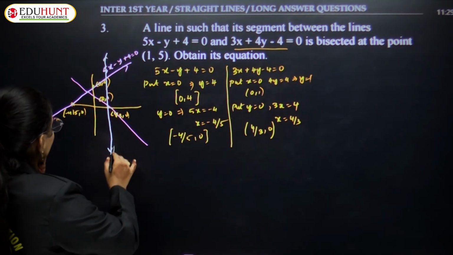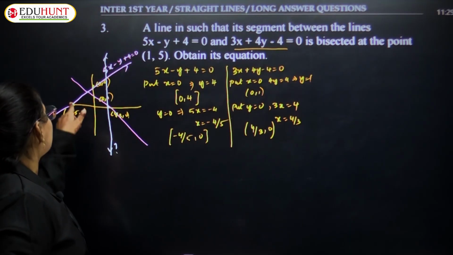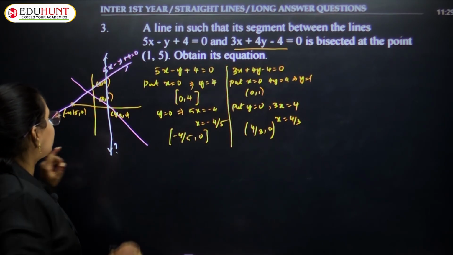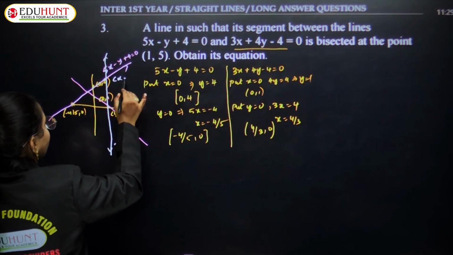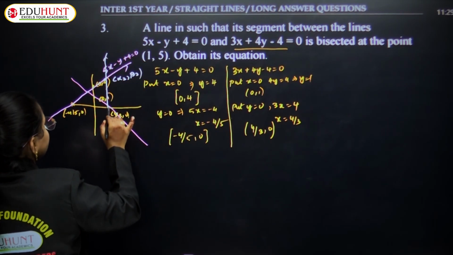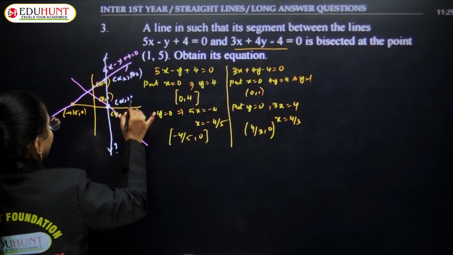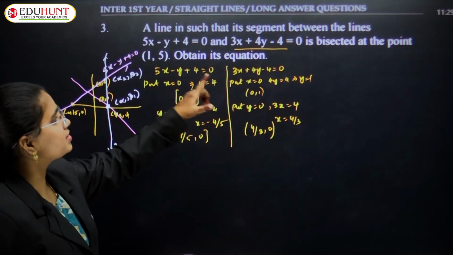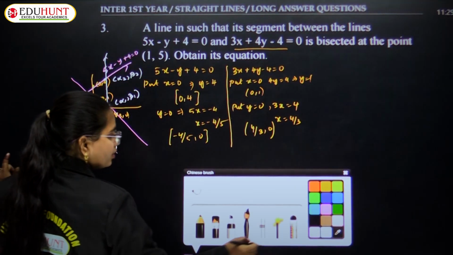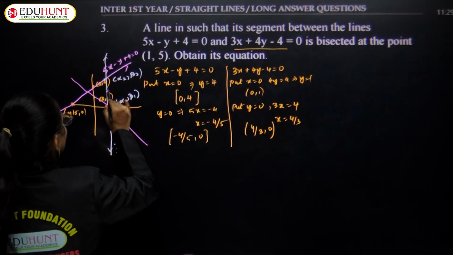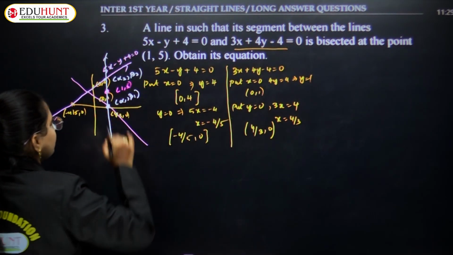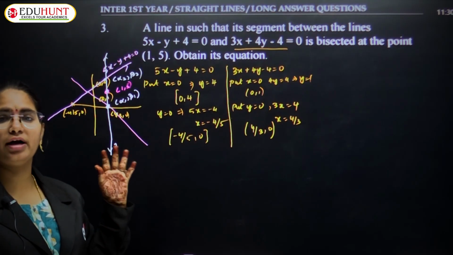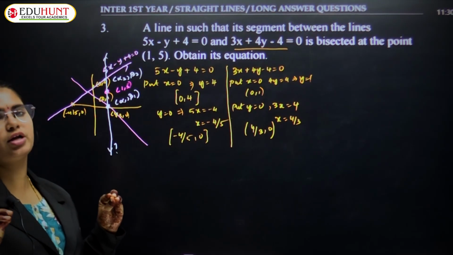This line 5x minus y plus 4 equal to 0 intersects my line at, let us imagine, (alpha 2, beta 2), and the other line intersects at (alpha 1, beta 1). This line segment is bisected at the point (1, 5). Again, the construction is a very important concept, and understanding what the question is asking is very important.